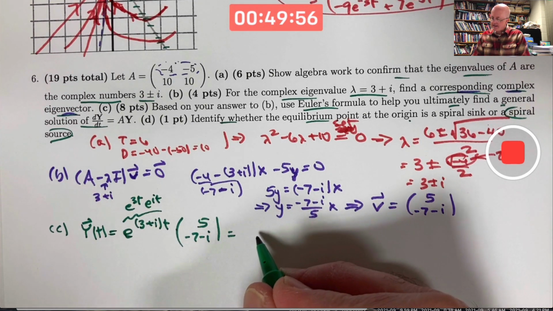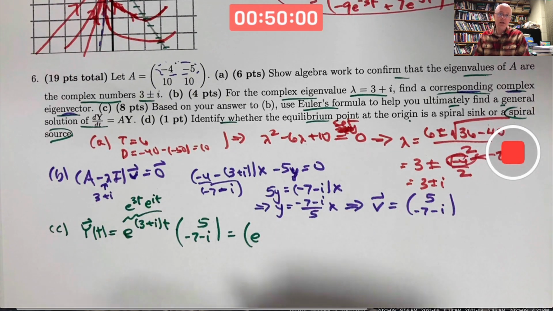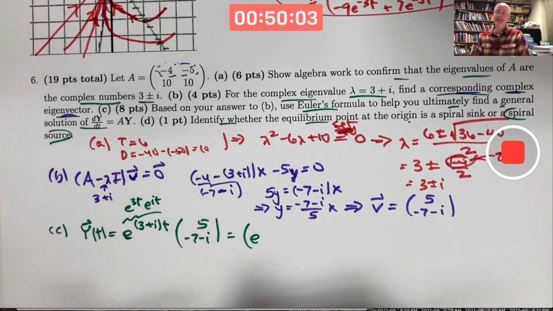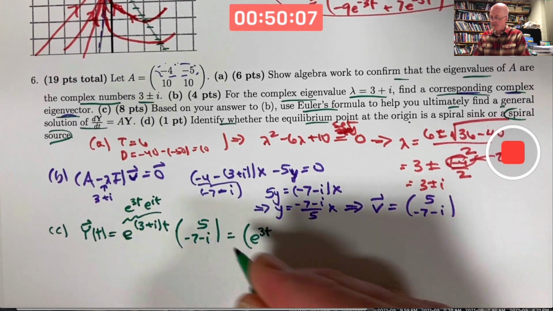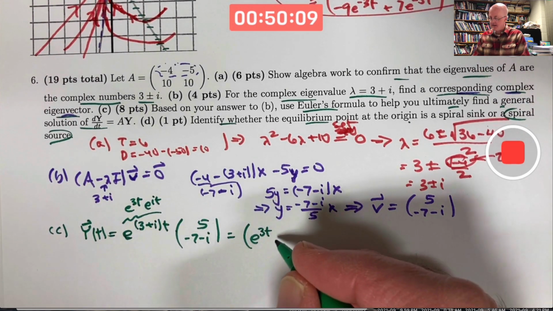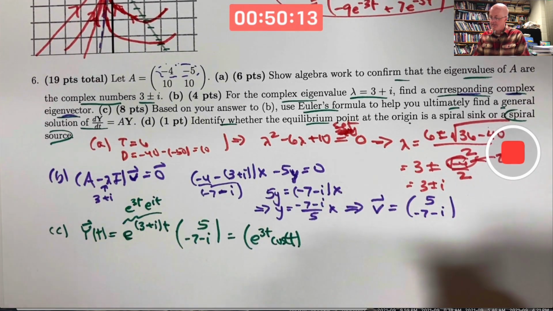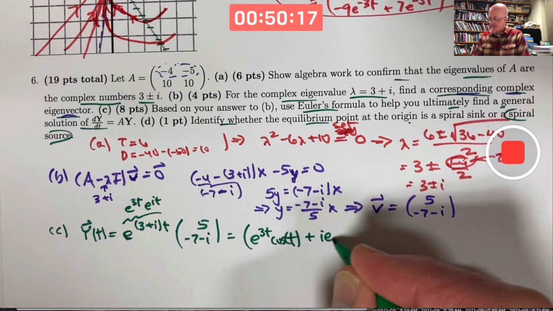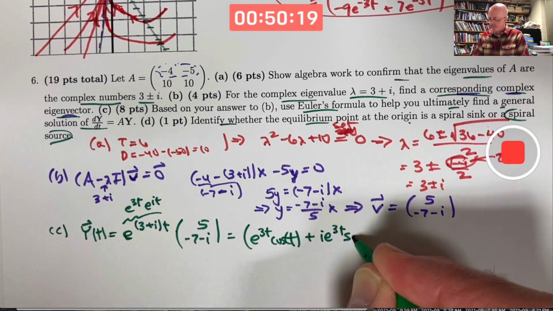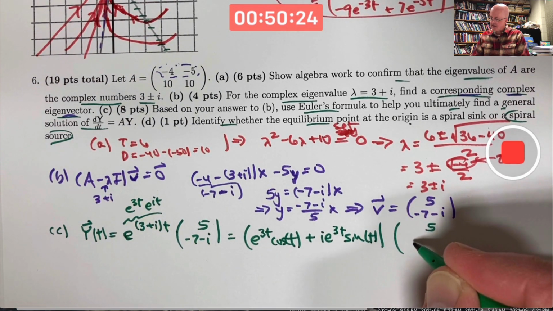Euler's identity says e to the it is cos t plus i sine t. Okay, that's really useful here. I also want to multiply by e to the 3t. e to the it is cos t plus i sine t, but I'm also multiplying each term by e to the 3t, so I get this times that complex eigenvector.